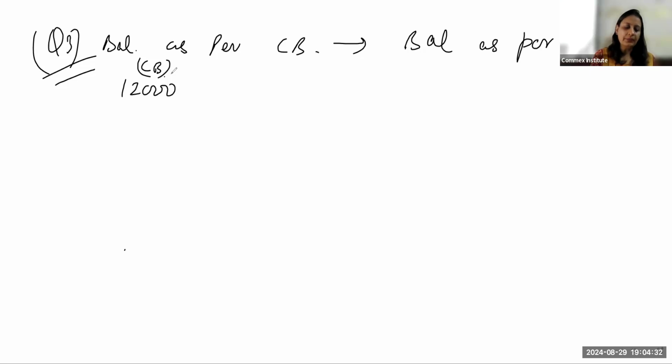अभी उसके बाद क्या हुआ, but the passbook showed a different balance. कितना बैलेंस था हमें नहीं पता, अभी निकालना है.